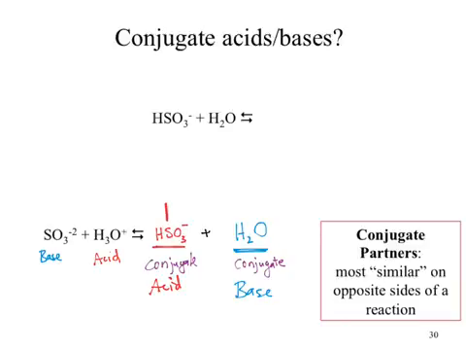What is the conjugate partner to HSO3 minus? SO3 minus 2. Our conjugate partner to H2O? H3O plus. They're the two species most related to each other across the reaction. Those end up becoming our conjugate partners.